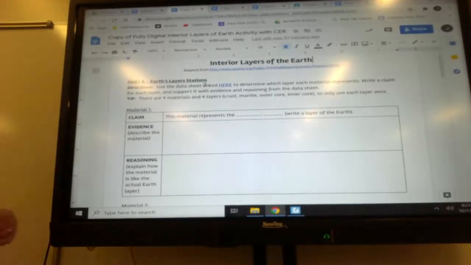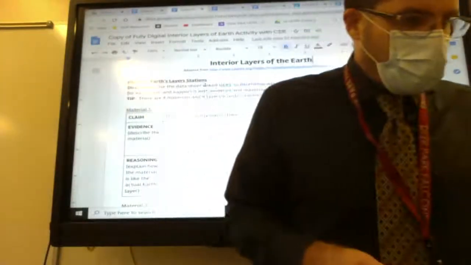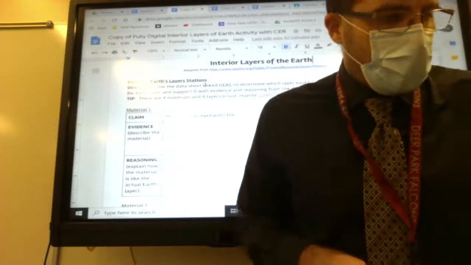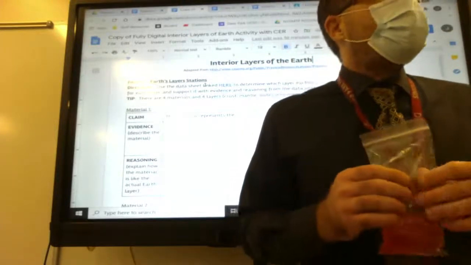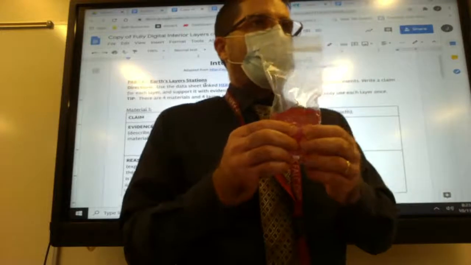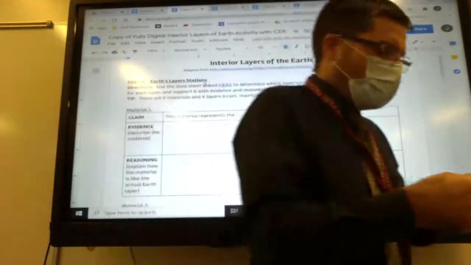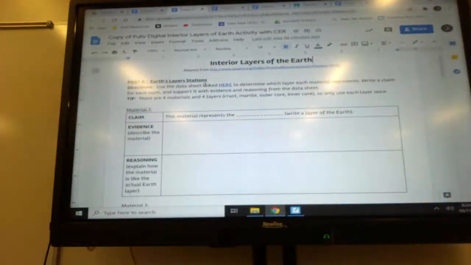The next material is going to represent the layer that is directly underneath the crust, and that is called the mantle. What's representing the mantle here in this bag is, I don't know, what would you call this stuff? Slime. Right? See, the material is not as hard as the crust. It is soft. It is malleable.